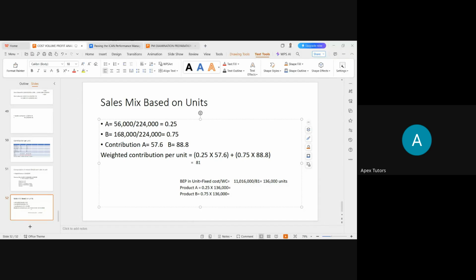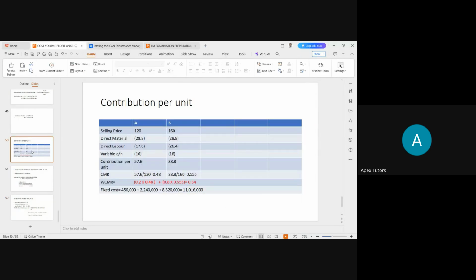Okay, 34,000 units for A. And for B, around 2,000 units. So the total will still give us 136,000. So that is what the question wants us to do in relation to what we presented.